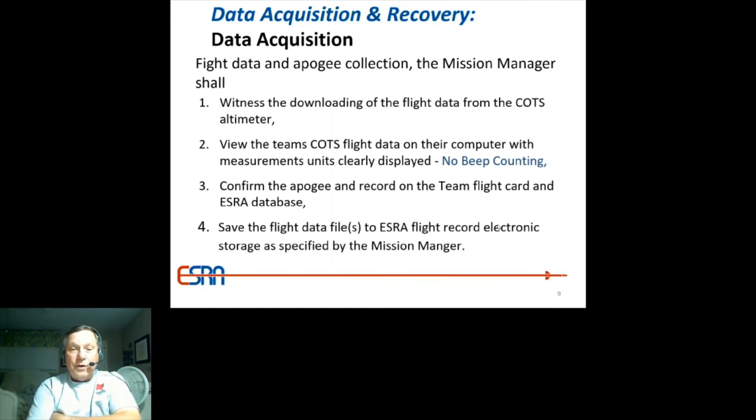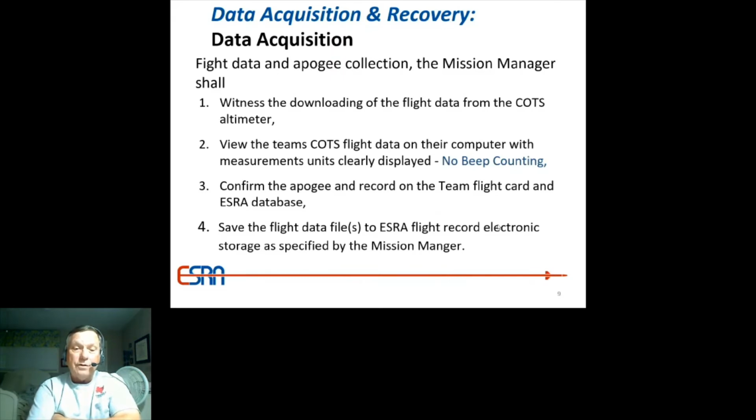We will then view the data on the computer, tablet, or cell phone with the units of measurement for altitude clearly displayed. We will not count beeps to determine what your maximum altitude is. There are too many different styles and ages of altimeters with too many variances, and since we don't know them all, we cannot fairly make good determinations of what your max altitude is.